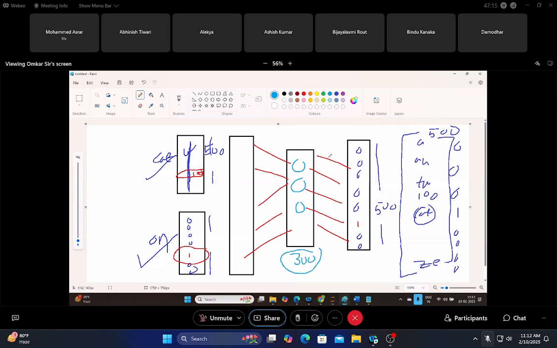So technically you will get a matrix of, suppose this is the I vector, I into H, input into hidden. Suppose this is the O vector, then H into O will come.